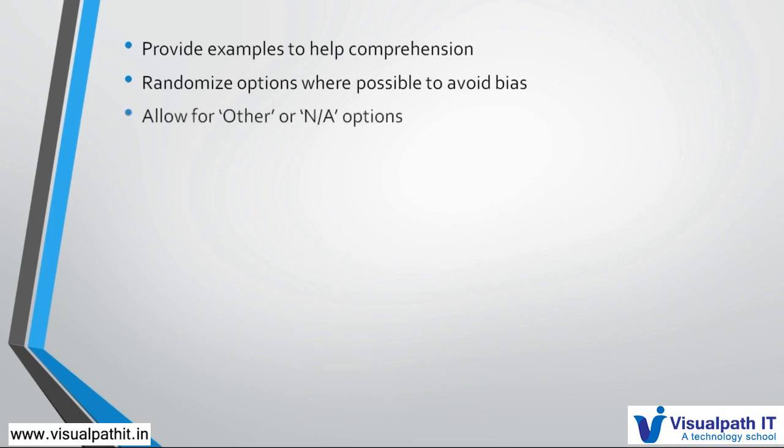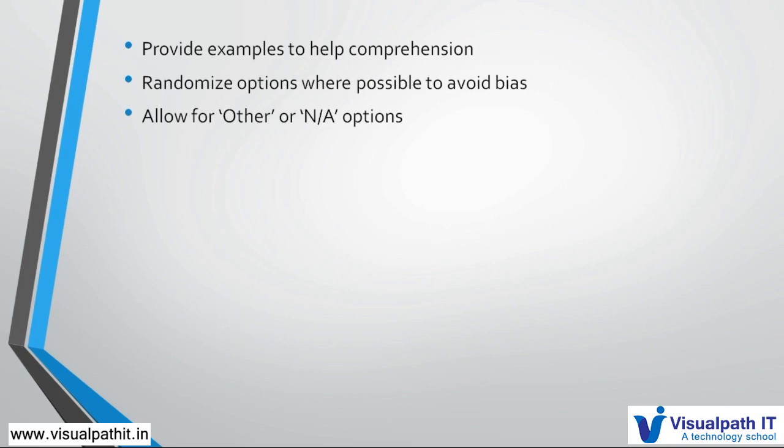Next, allow for other or not applicable options. Rather than forcing participants to select at least one item, always consider if you will need to provide other or not applicable options.